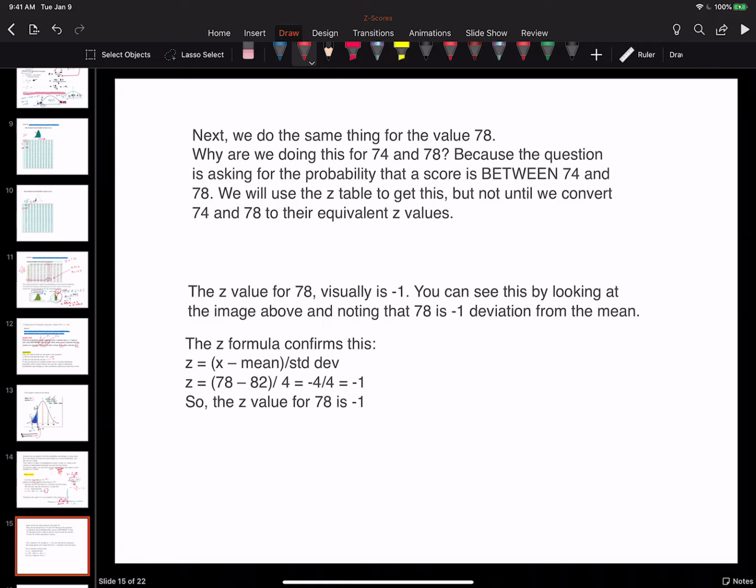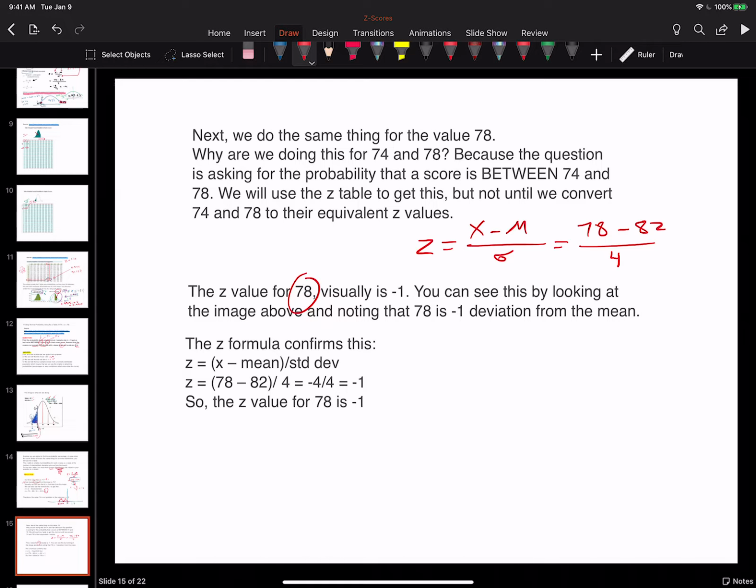Now we do the 78. We are writing the formula again. Z equals x minus mu over sigma, which is 78 minus mu 82. The mean is 82 and sigma is 4.